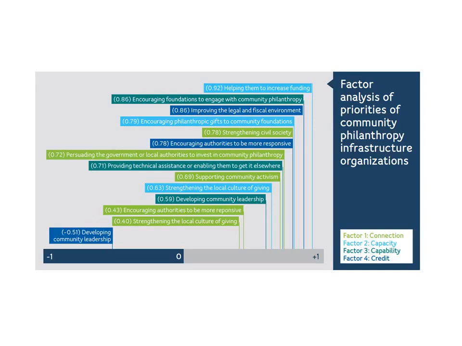If you look at the credit line, the dark blue line, there are two items there: improving the legal and fiscal environment and encouraging authorities to be more responsive. And they are the ones which are about credit. Remember, we have changed that to credential, but that's the external legitimacy of the field.